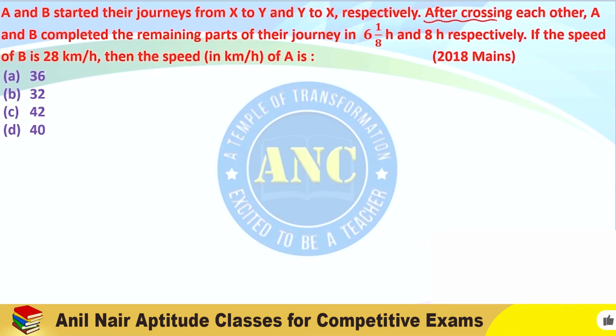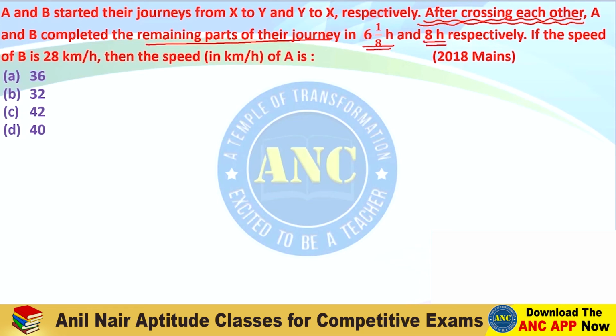After crossing each other, this is the most important point in the statement, A and B completed the remaining parts of their journey in 6 1/8 hours and 8 hours respectively. That means basically 6 1/8 hours is the time taken by A to reach his respective destination.